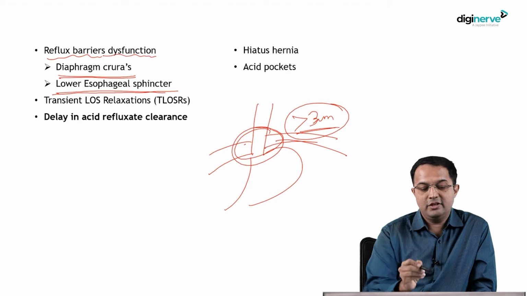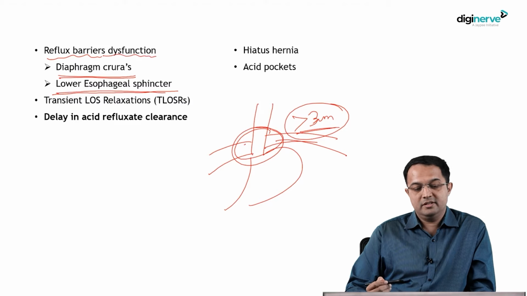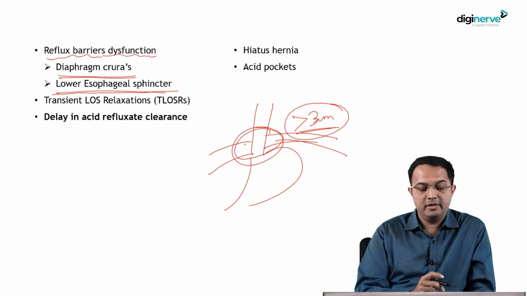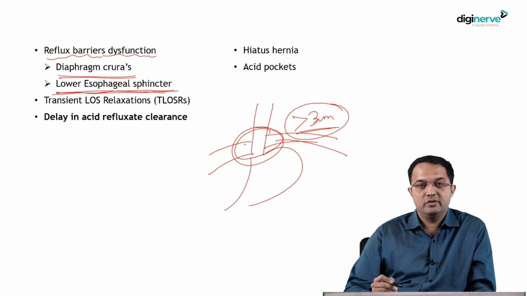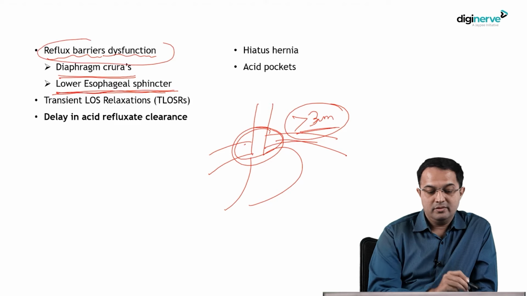And we also know there is a physiological sphincter, the lower esophageal sphincter. We studied that in manometry also. If there is any dysfunction in the lower esophageal sphincter, then it will cause reflux barrier dysfunction.